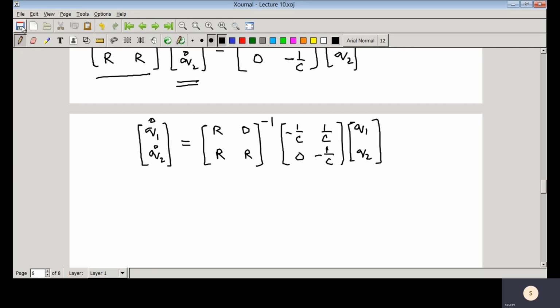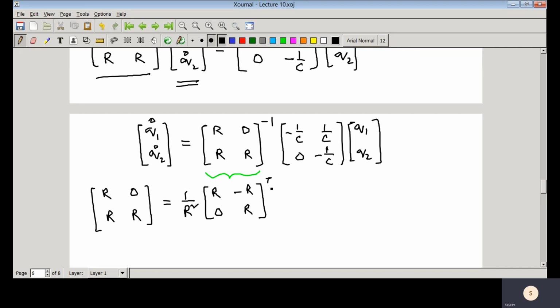So then, what we can see, first we need to find the inverse of this matrix. As you know, I think all of you know it, the inverse of this matrix is 1 by R square times the adjoint. Find the determinant, that is R square, and if you find the adjoint, that would be R, minus R, this is transpose.